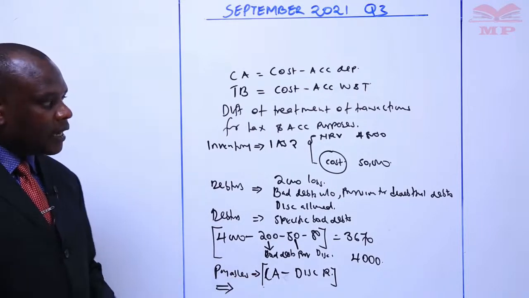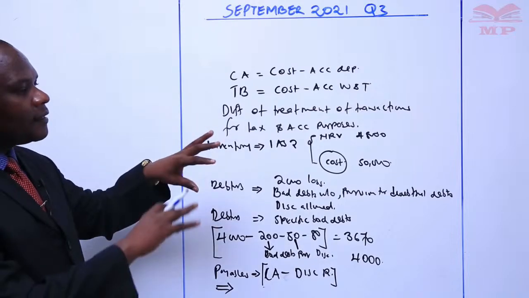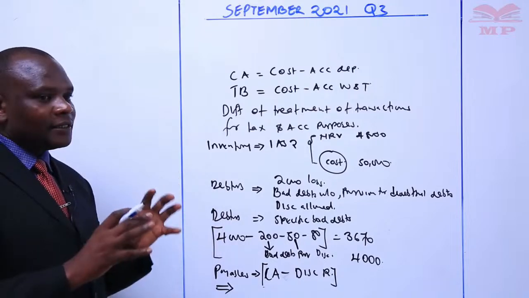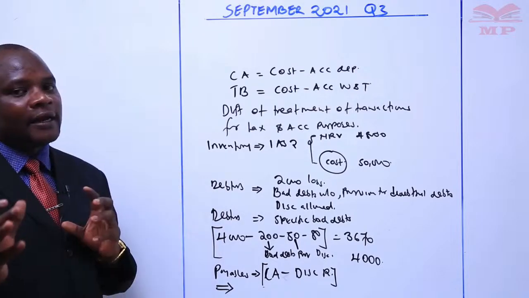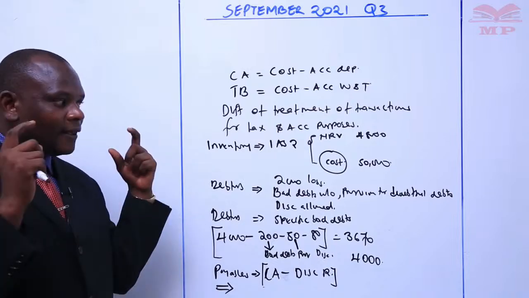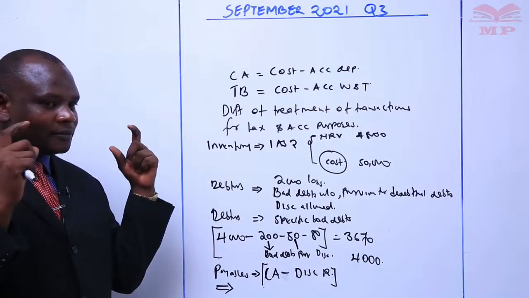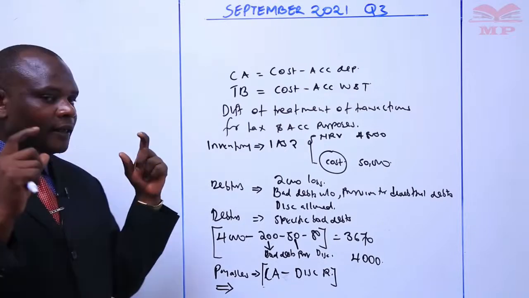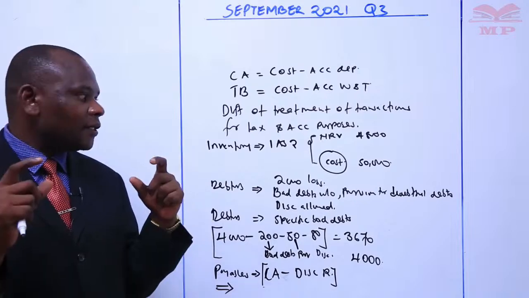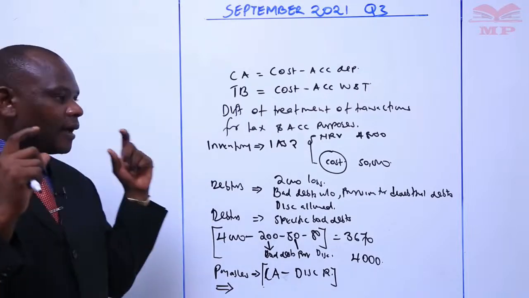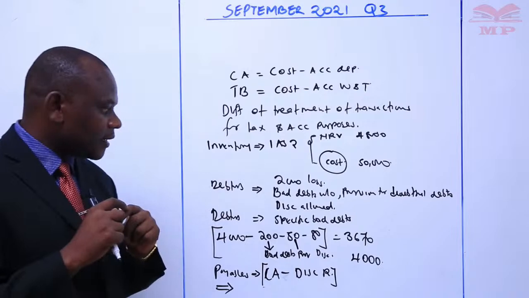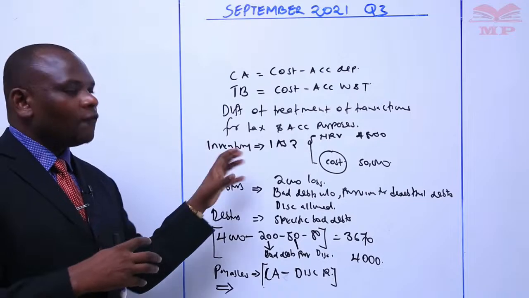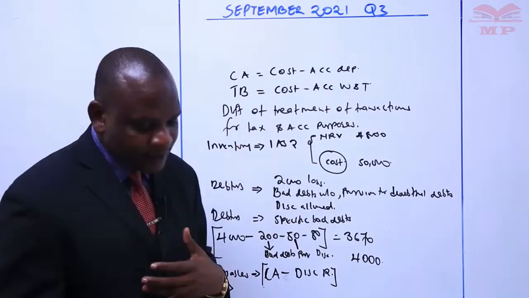And so there's a lot that you need to understand here, and some of these decisions as to what is tax-based and what is carrying amount require your professional judgment and your understanding of the generally accepted accounting principles, international financial reporting standards, and international accounting standards to help you come up with what is the tax base of an asset and what is the tax base of a liability.